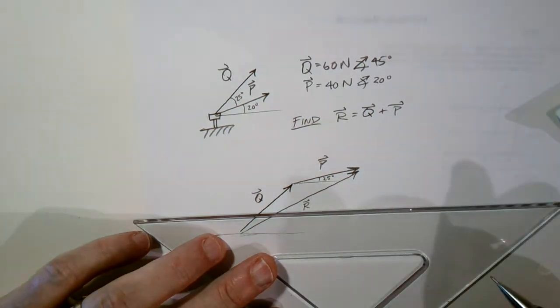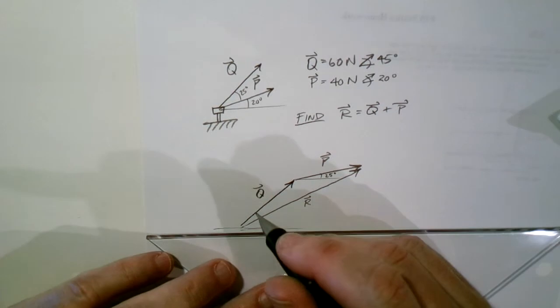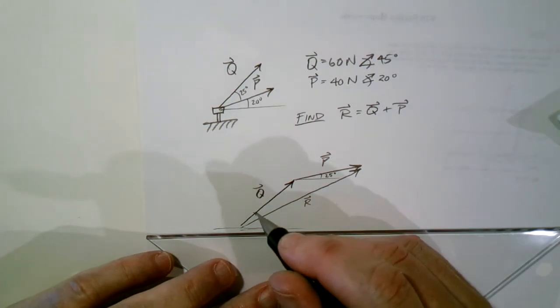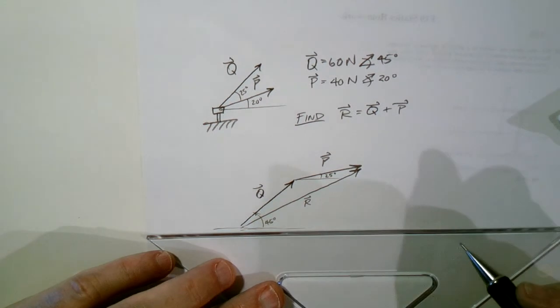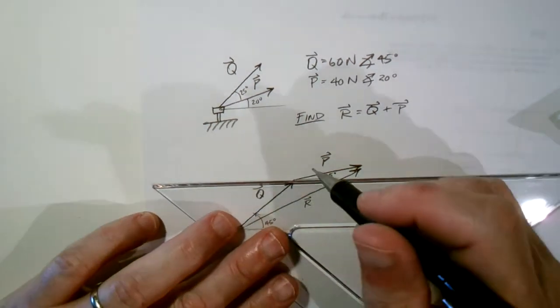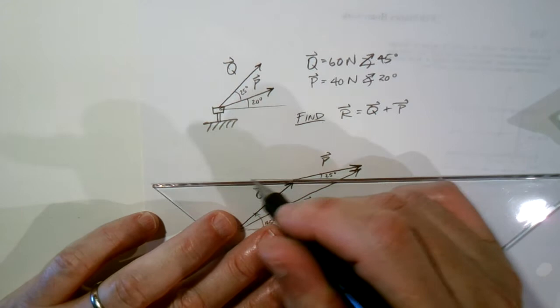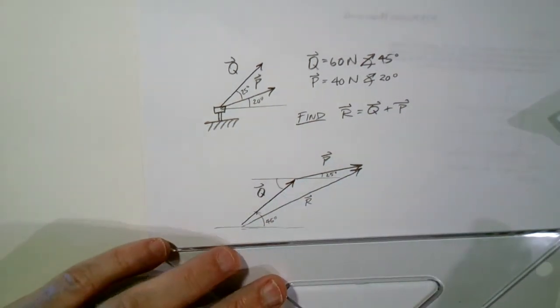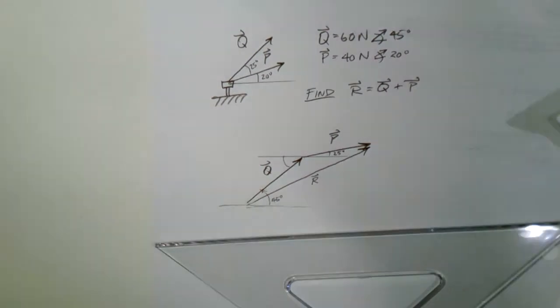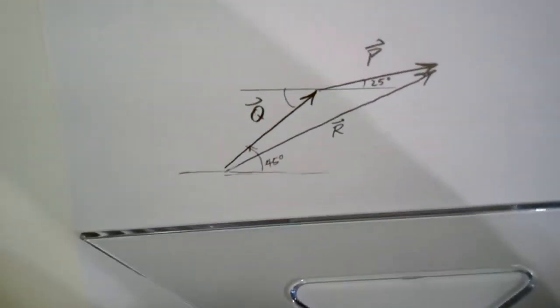It's hard to see that. But I also know this guy right here is 45 degrees. So if I were to draw a line right here, I would know that this too was 45 degrees.